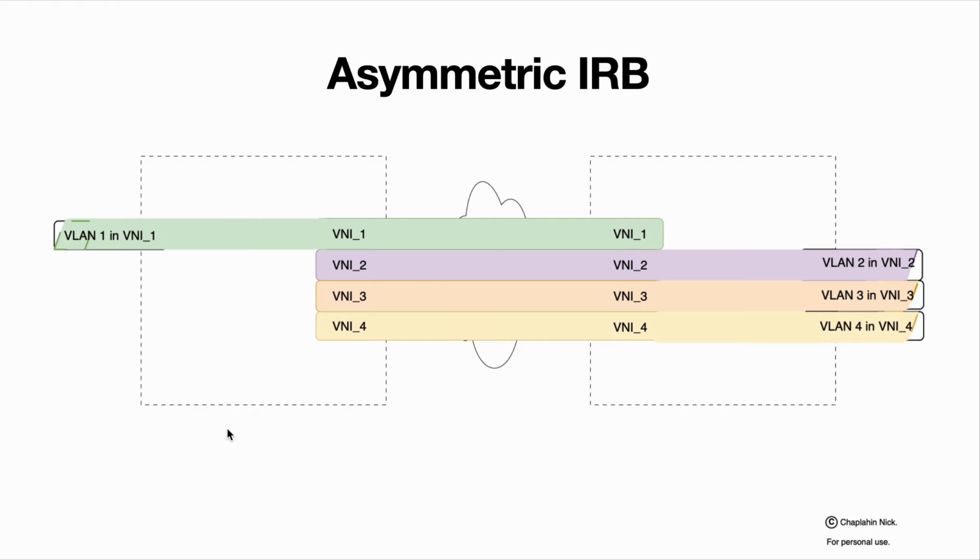The asymmetric model assumes that the interface, and the devices behind it, are part of the VNI, always on egress. In this schema, it means the green VNI transmits traffic to the left because egress interfaces are part of the VNI.